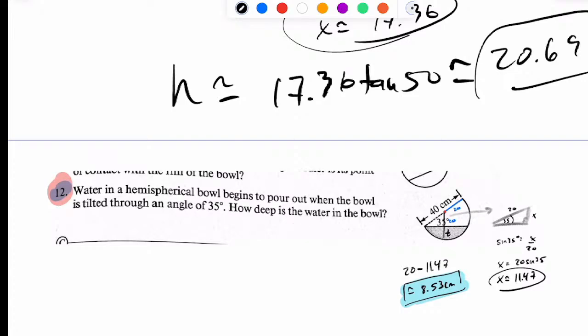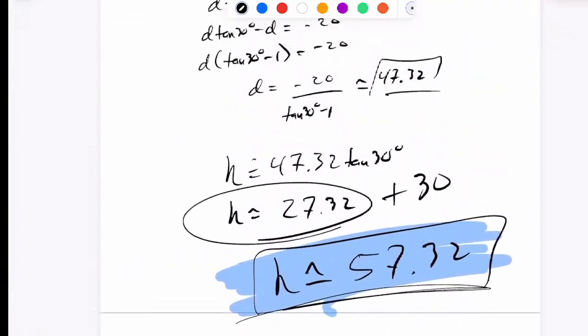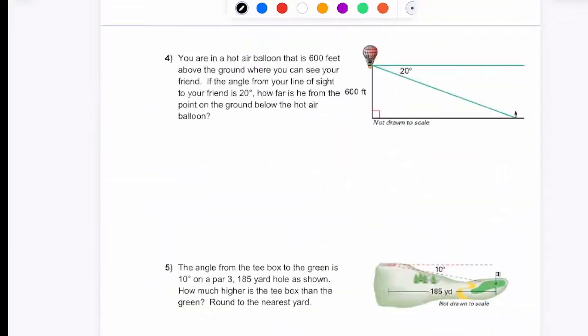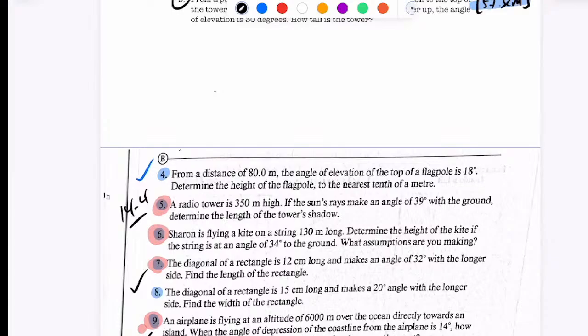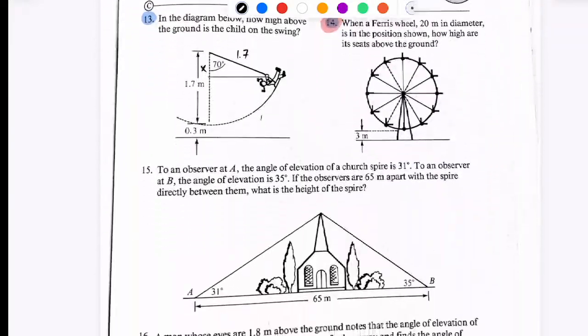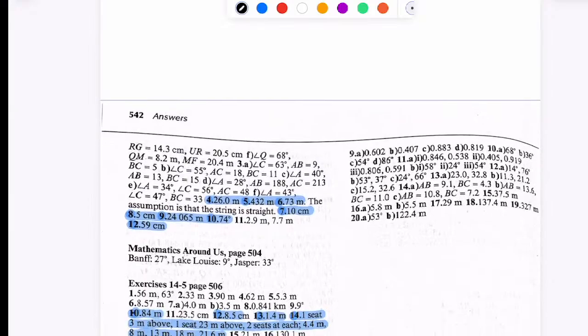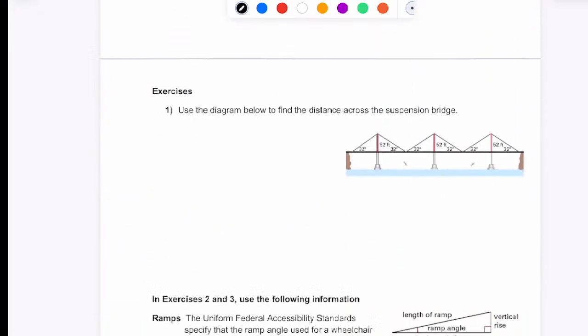Number from right angle triangle worksheet. 3. I'm not even sure what one that is, but I see no 3 here.